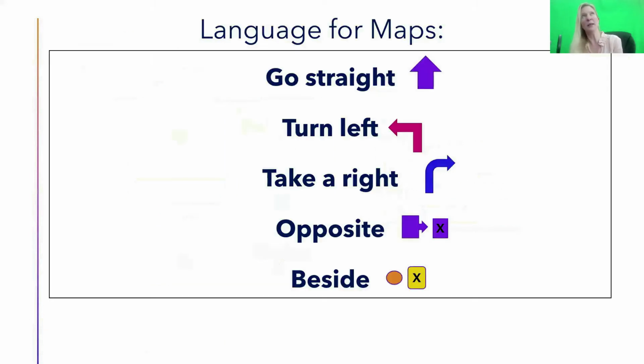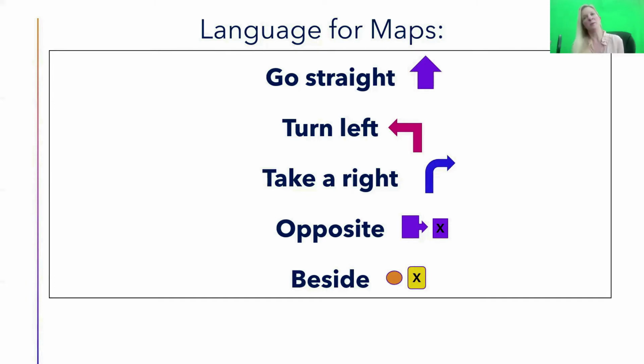So some of the good language that you can use when listening about maps is language for direction. So for example, to go straight, to turn left, take a right, opposite, beside. Maybe other words like behind, above, below.